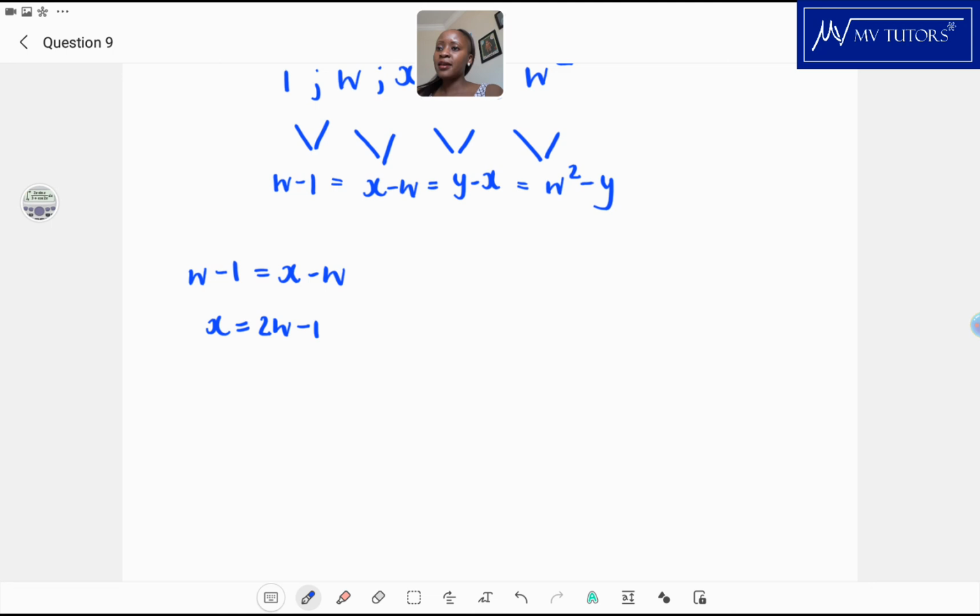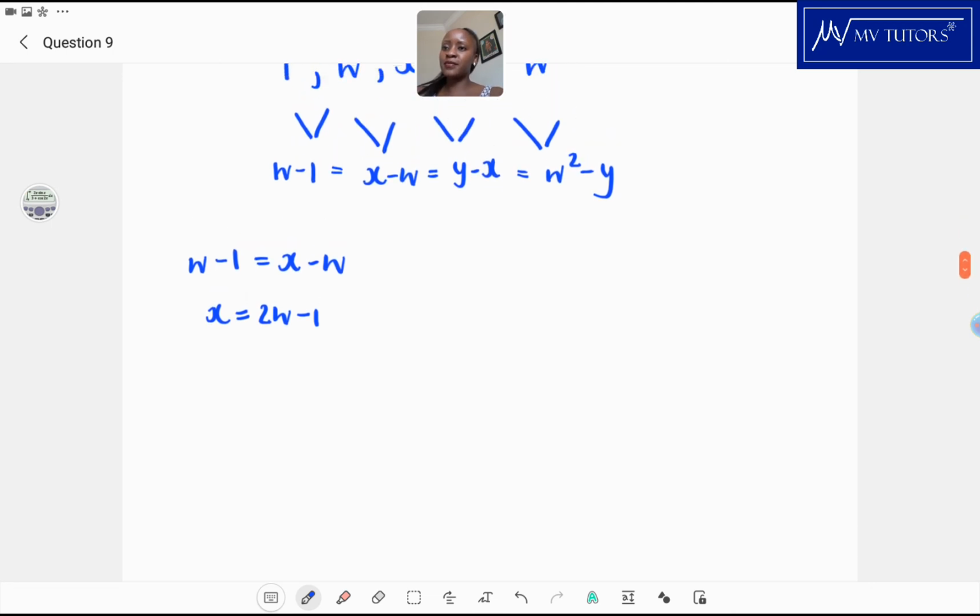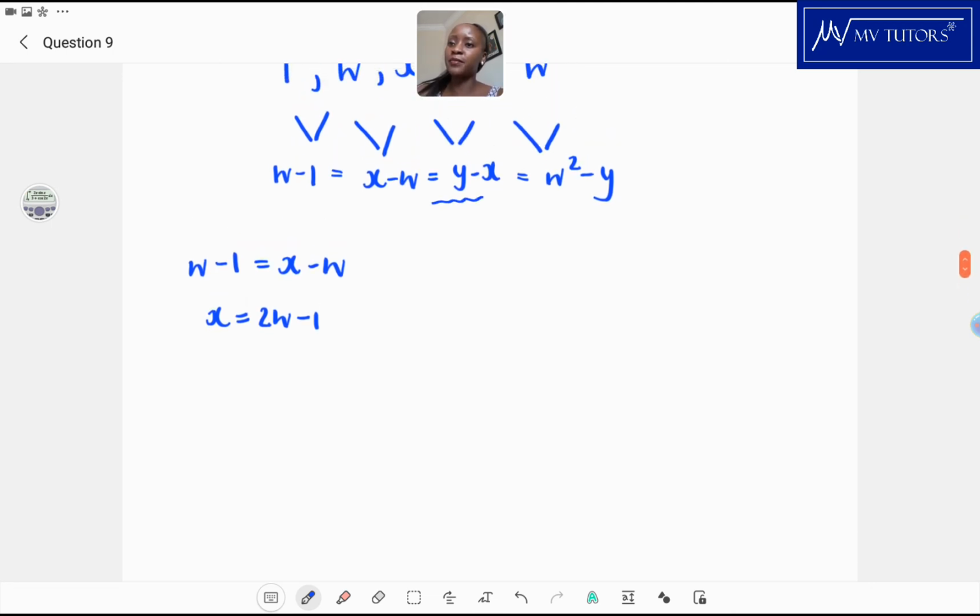Okay, then I'm going to go over to this in the middle here. Okay, so I know that y minus x is equal to x minus w. Guys, we're just doing things and hoping for the best. Okay, so I would say y is equal to 2x minus w. Okay, so do you see I already have what x is?